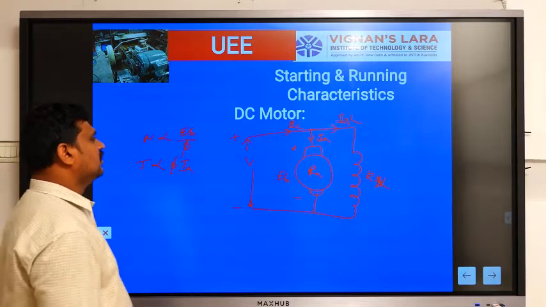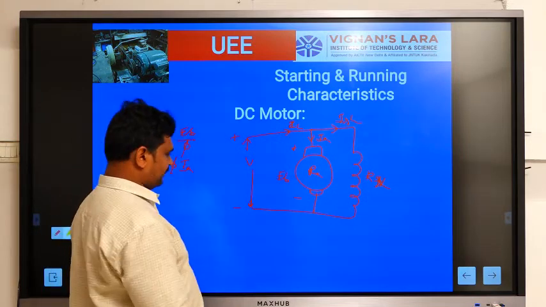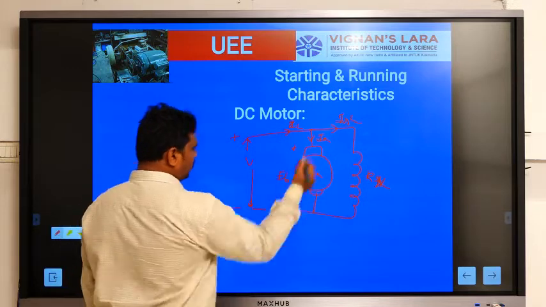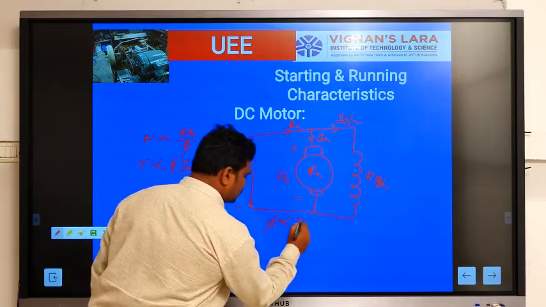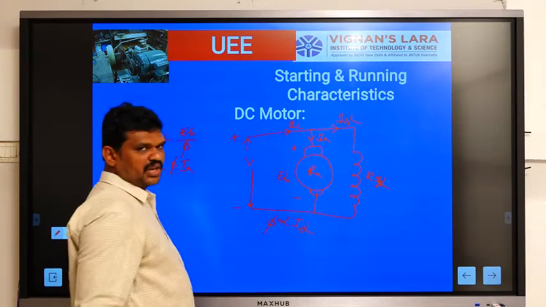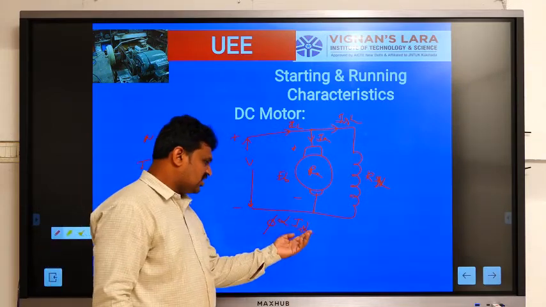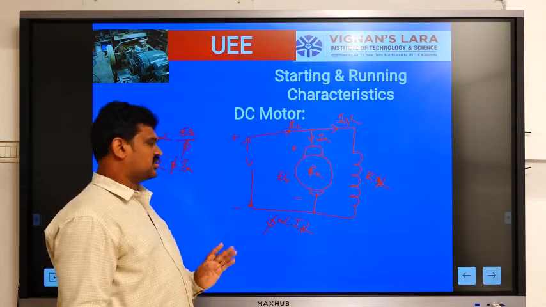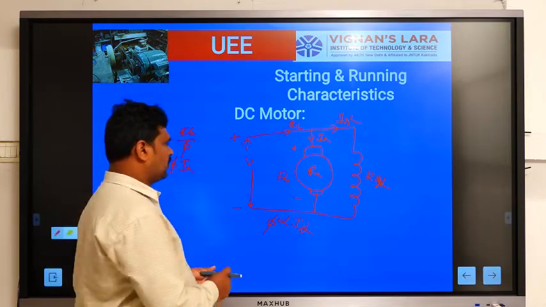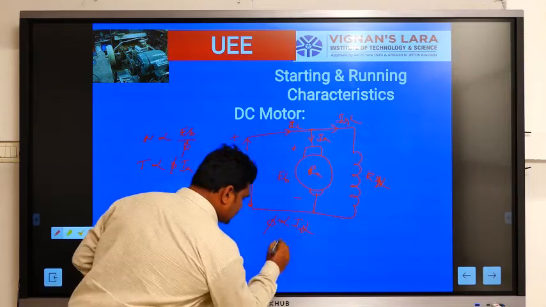Now, in a shunt machine, what happens? The flux produced by the shunt machine is proportional to the shunt field current. If the shunt field current is constant, the flux is also constant. Simple logic. Now what is the field current ISH?